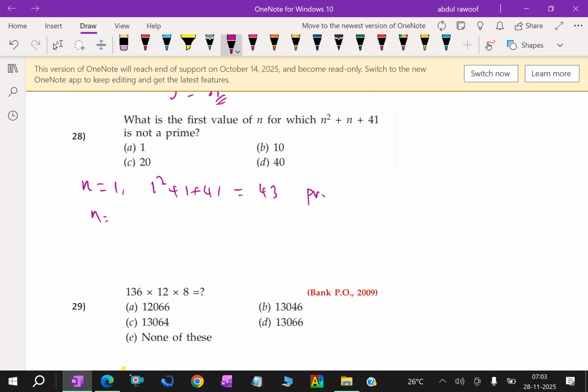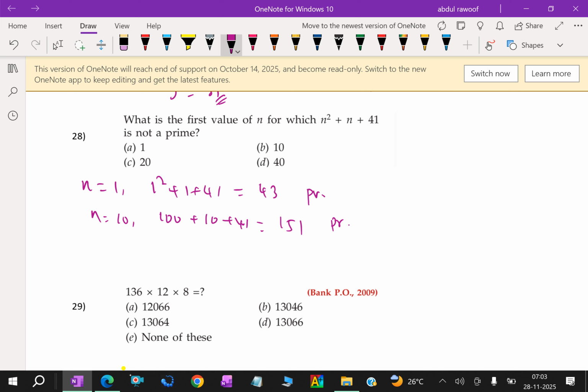Then we substitute n equal to 10 next, because from the answer options, 10: that is 100 plus 10 plus 41, 151. 151 is a prime.